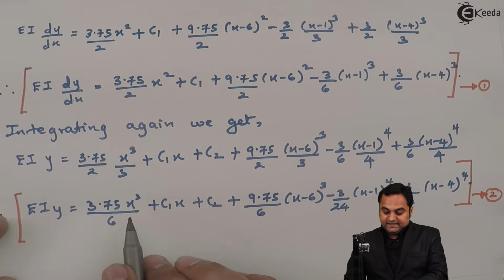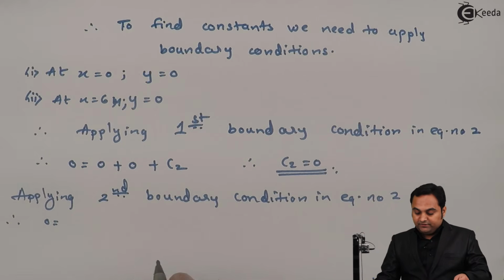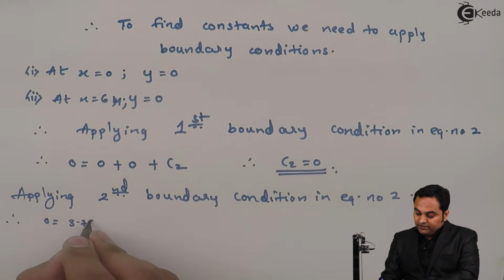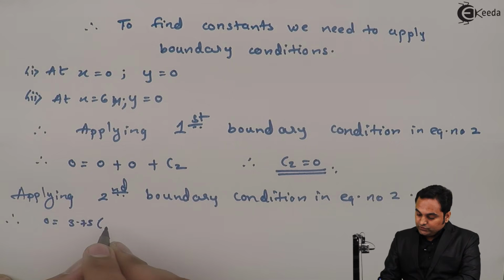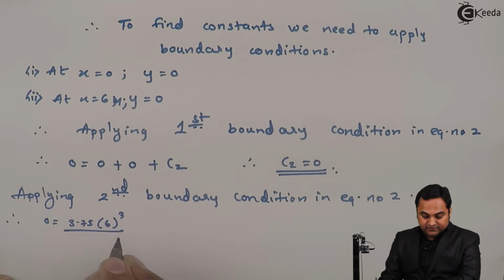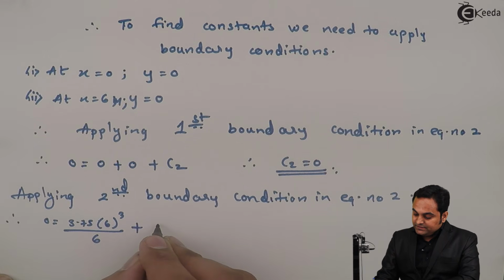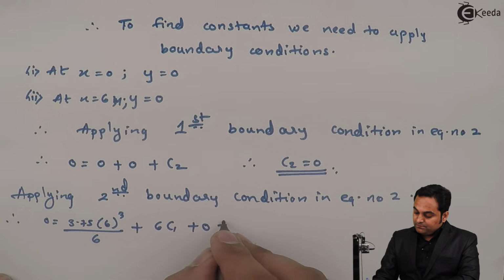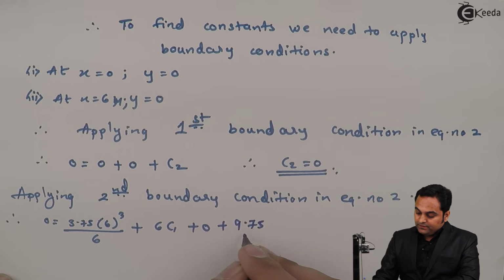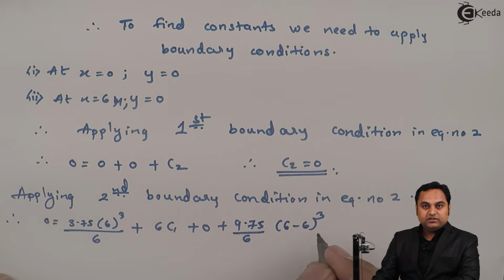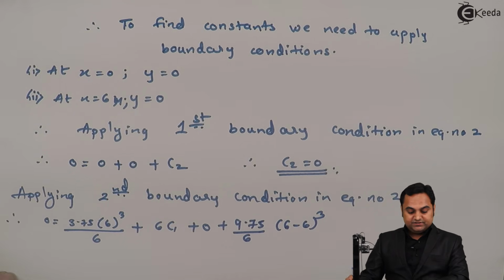We have to replace x with 6 meter, so I'll go on putting the values. 3.75 into x cube, so it is 6 cube divided by 6, plus c1 into x, that is 6 c1, plus c2, that is 0, plus 9.75 by 6 into 6 minus 6 whole cube. This term will get cancelled out, 6 minus 6 is 0.